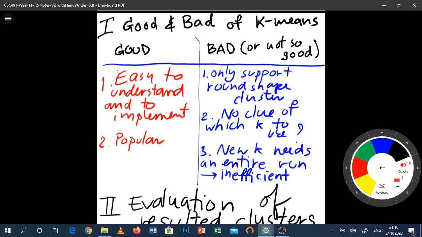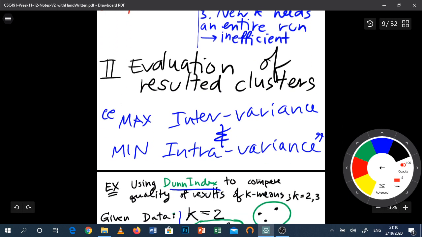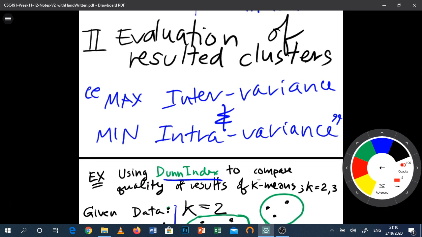Okay, but for addressing number 2, which k to use, there are some evaluations done previously by a lot of data scientists, or what we called statisticians then, and data scientists now, several years ago. Any evaluation of clusters tends to rely on these two qualities.